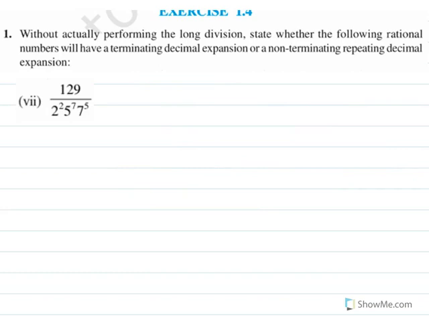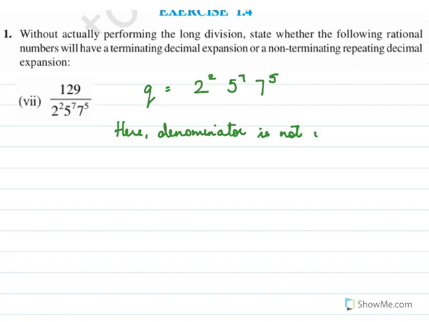Now for the next, 129 over 2 raised to 2, 5 raised to 7, 7 raised to 5. We cannot reduce it. So we see the q is 2 raised to 2, 5 raised to 7, 7 raised to 5. So again here the denominator is not of the form 2 raised to n, 5 raised to m.